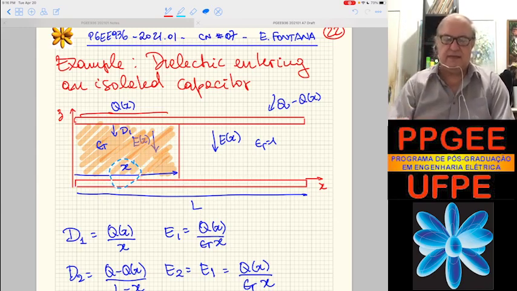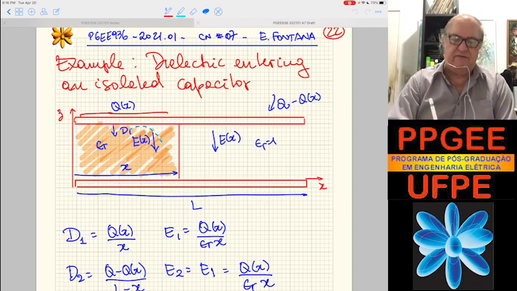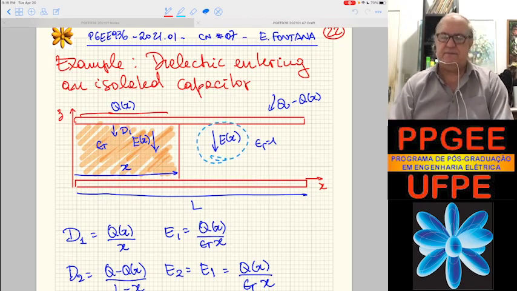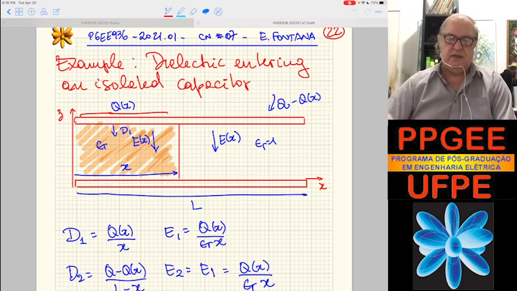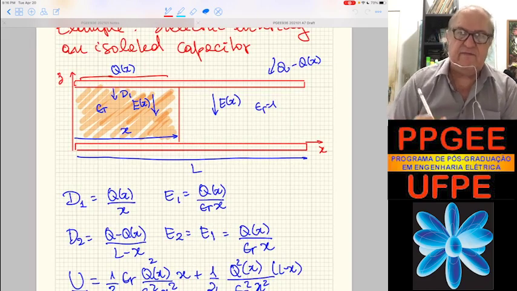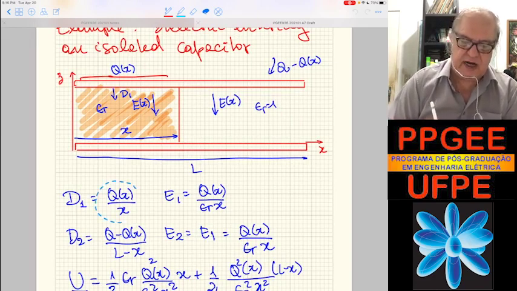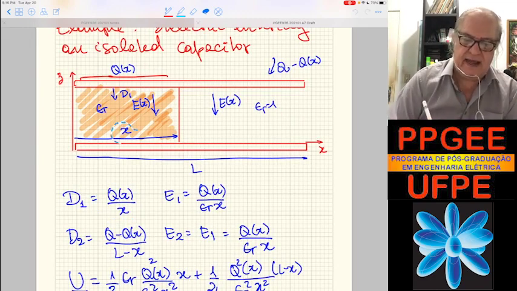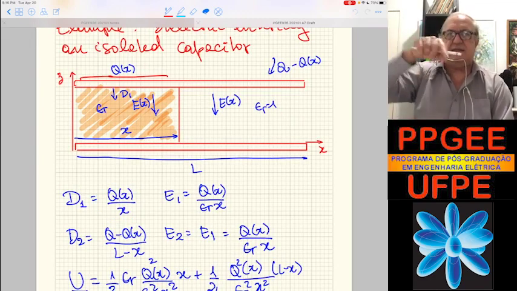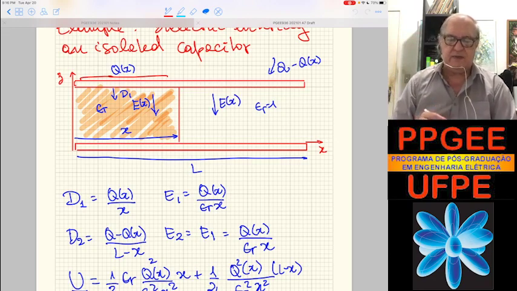We're going to calculate that. Remember, the tangential component of the E field is continuous, right? So we can calculate the flux density, which is charge per unit area. The area on the dielectric is x times 1, where 1 is the depth of the capacitor.